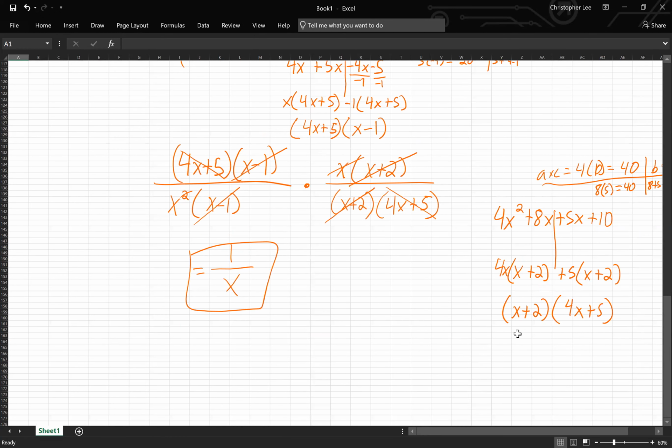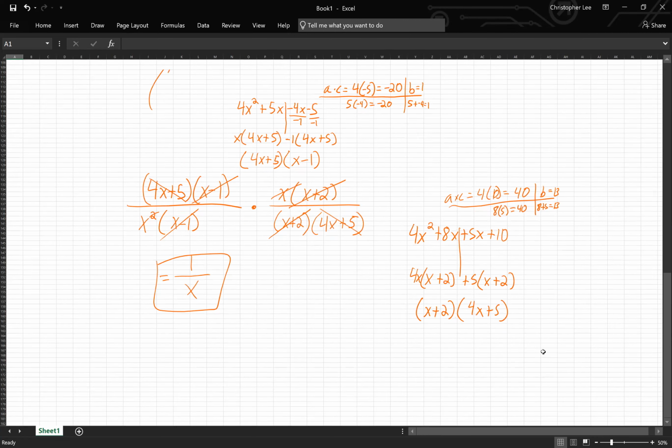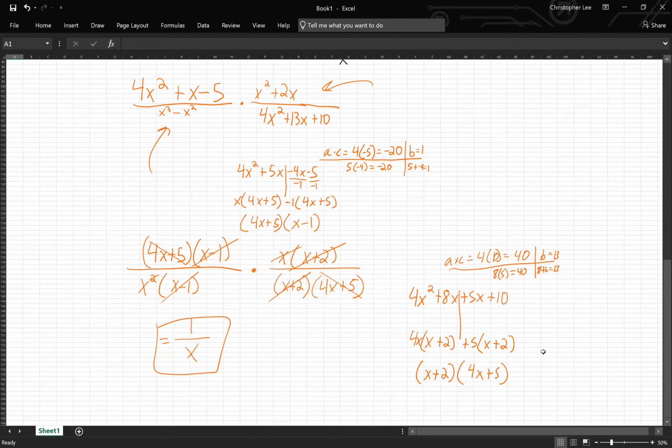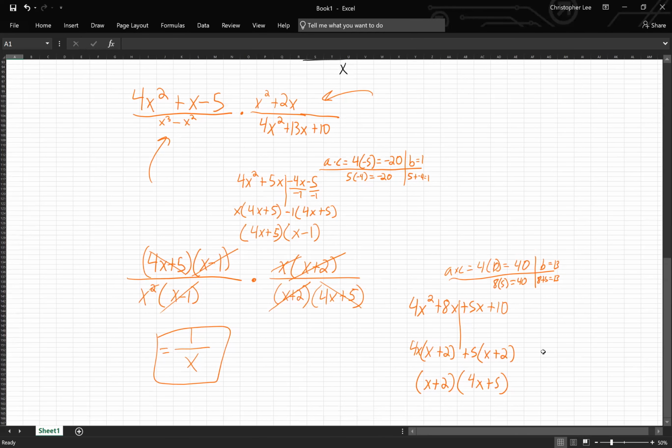That's why this one's in the denominator as the answer. We can do another. Last one, then let's get into the lesson.